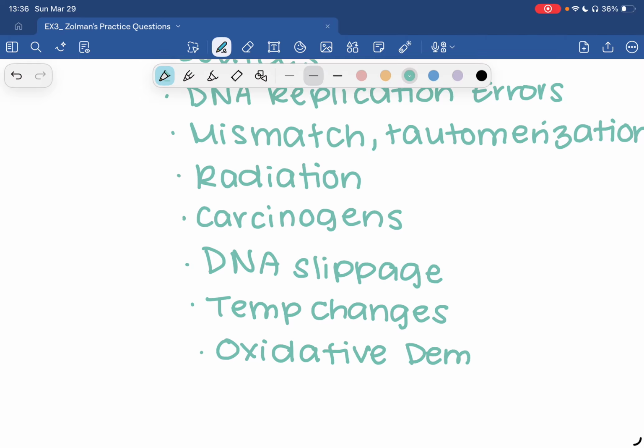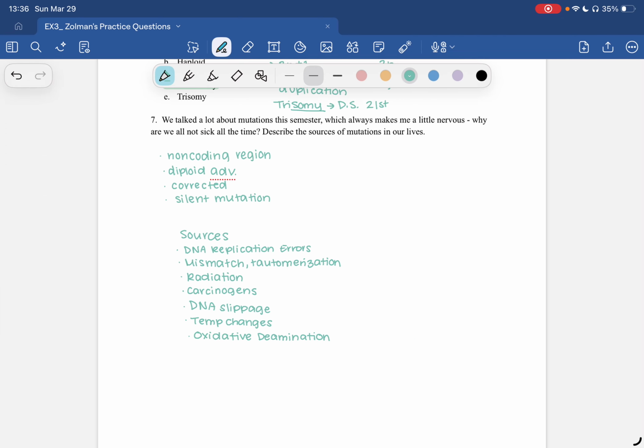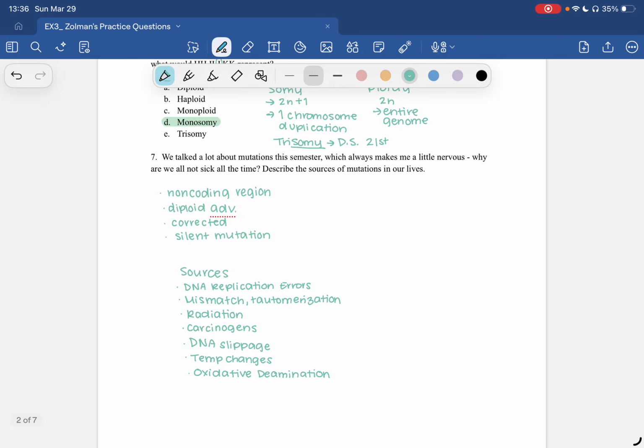Just the presence of oxygen itself can impact cells and lead to mutations. Of course, this is not an exhaustive list, so do go over the different examples in the slides. Here's just some that I came up with.